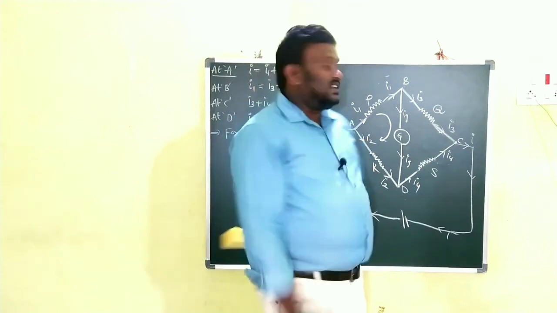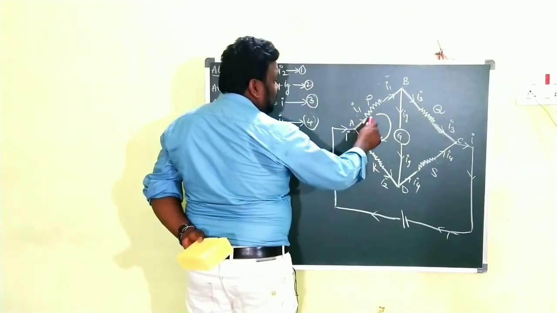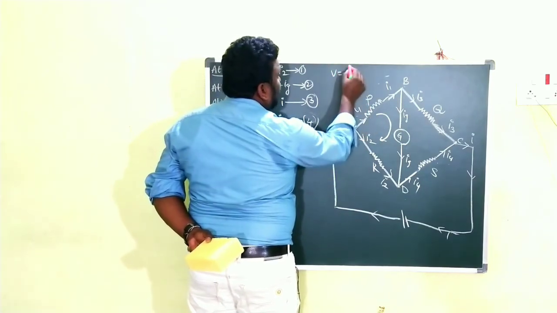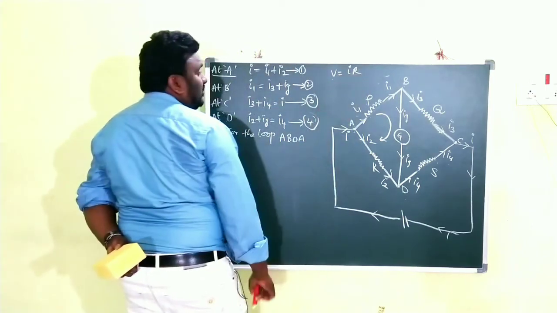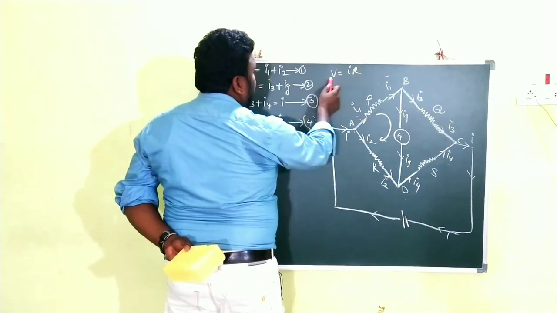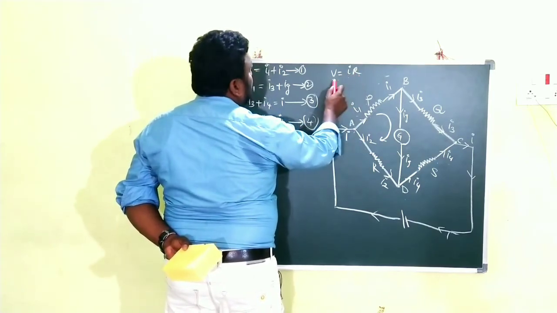Clear? That's why, children, here I1 amount of current passes through the resistor of resistance P. So generally what do we know, potential is what? V is equal to IR, Ohm's law. The product of current and resistance gives the potential.